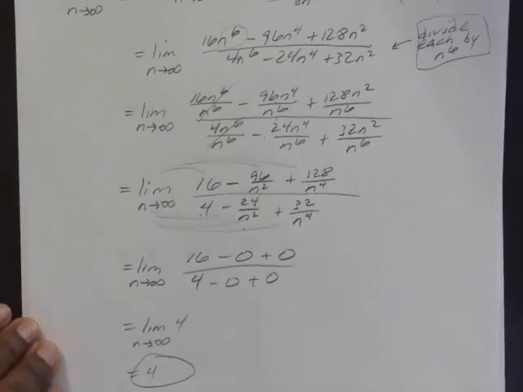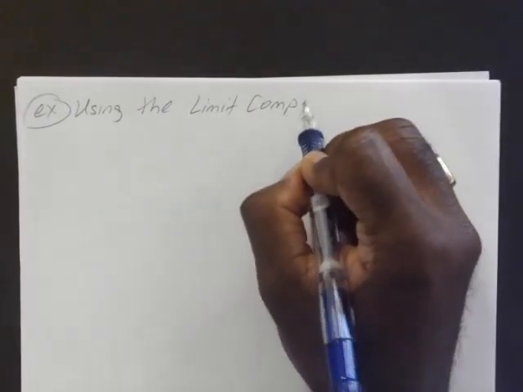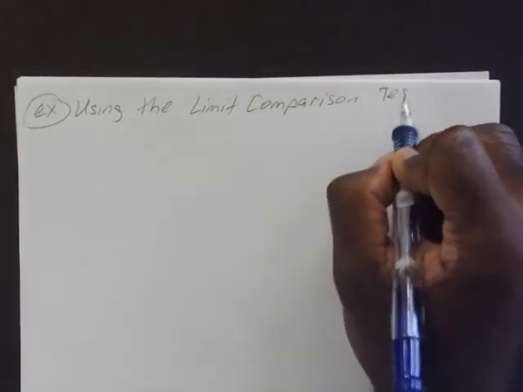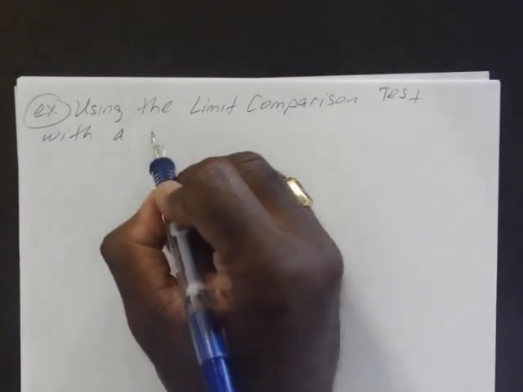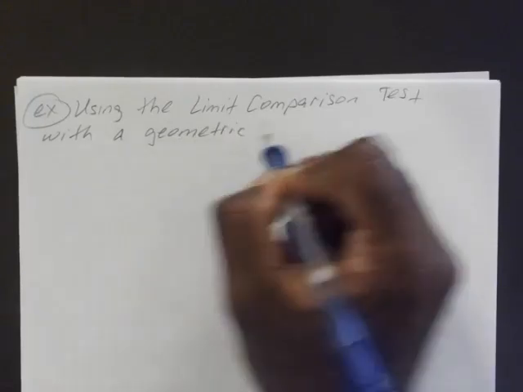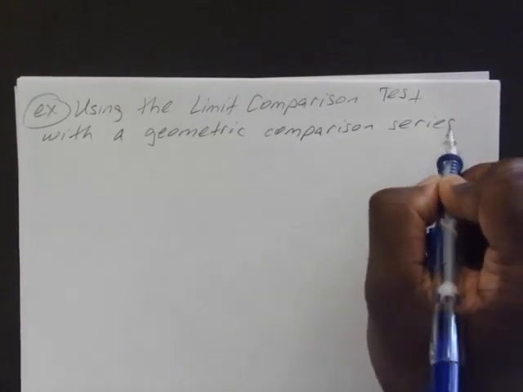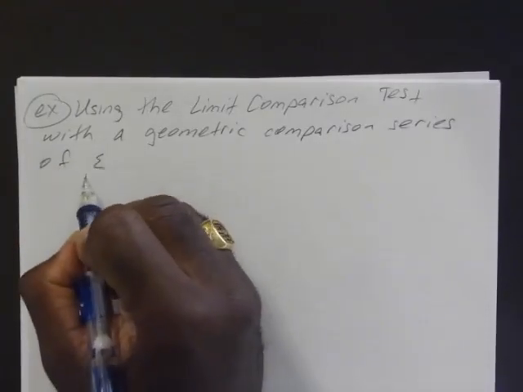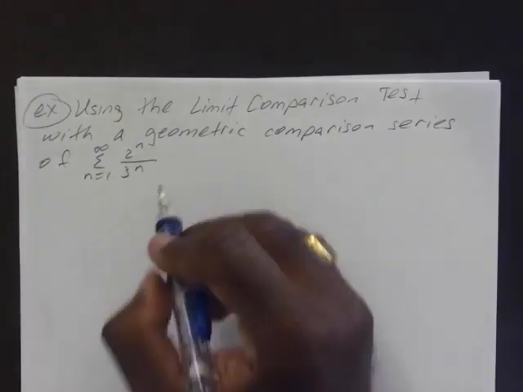Okay, so let's say we're using the limit comparison test, with a geometric comparison series, the sum from n equals 1 to infinity of 2 to the power of n divided by 3 to the power of n.